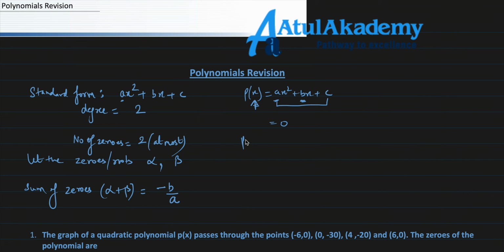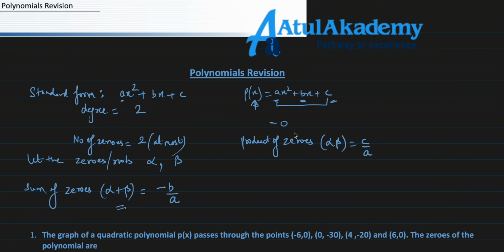And product of zeros, which is alpha into beta, is given by c by a. c is the constant term divided by a, which is the coefficient of x square. So this is the relationship between the zeros and the coefficients of x square and x and the constant term.